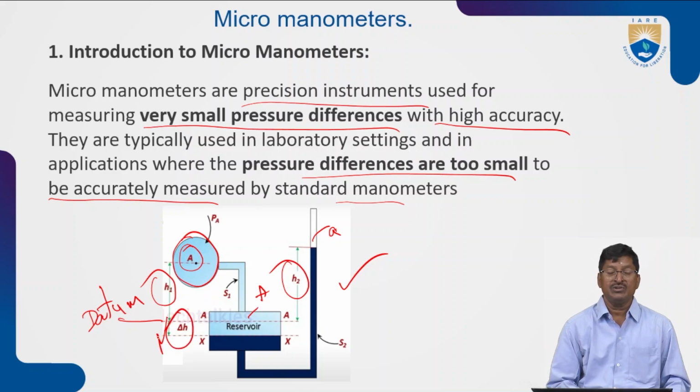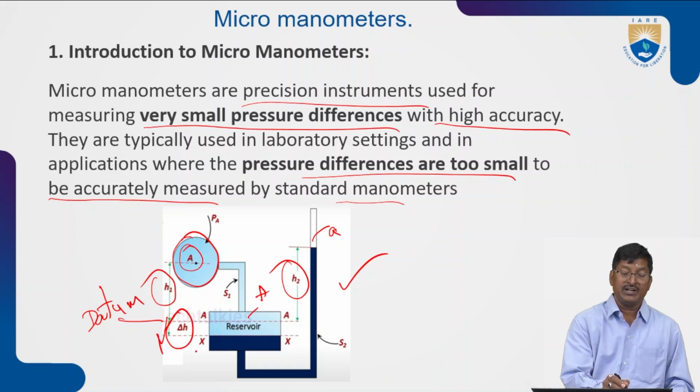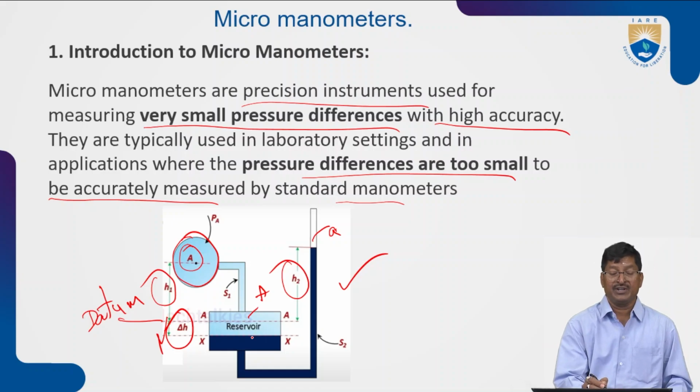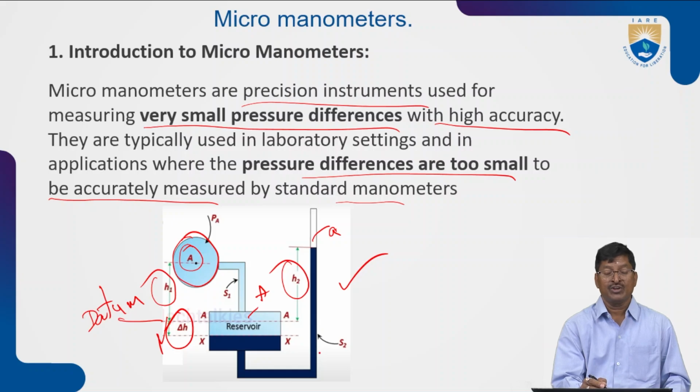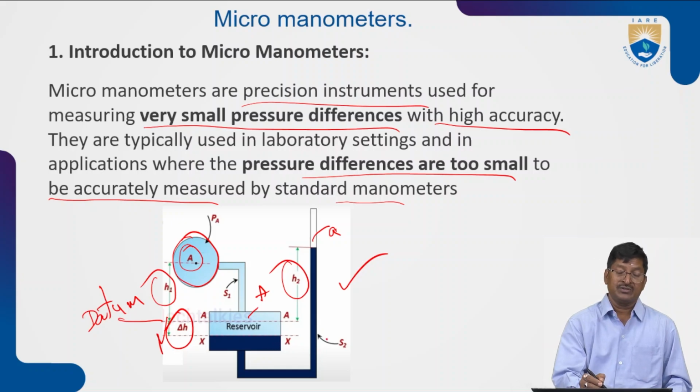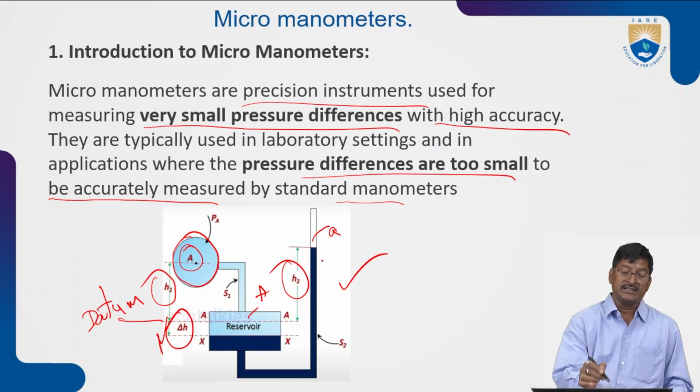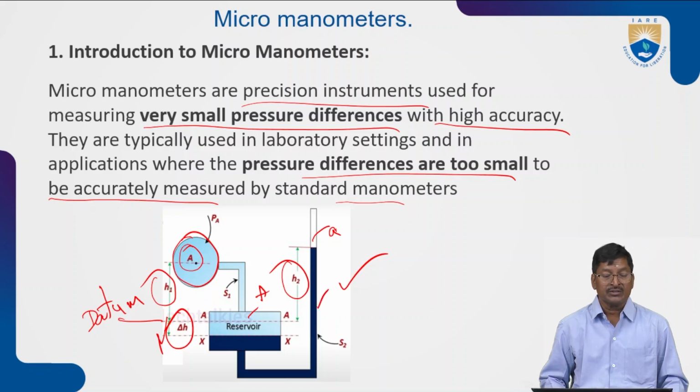It is very small. That's why you can take it as a delta H. So for a delta H of fall in the reservoir of the manometer fluid, there will be a rise in the right limb. So then how we will calculate, we can see it.